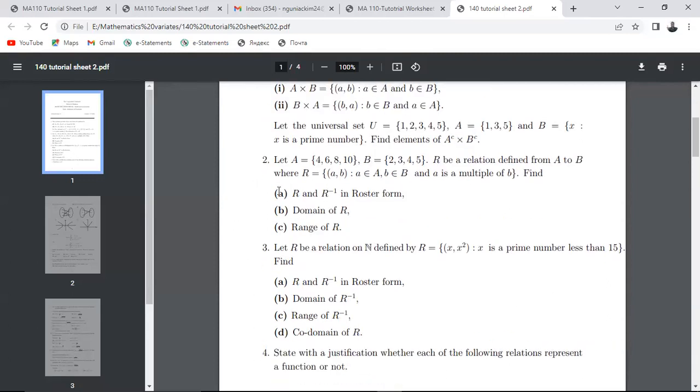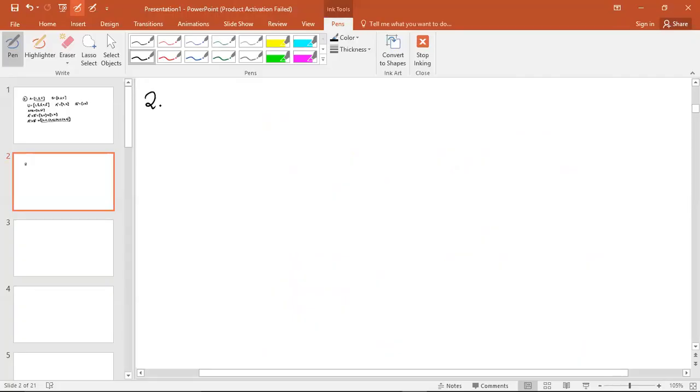is, let A be equal to 4, 6, 8, 10, B 2, 3, 4, 5. Okay, so let's have our sets down ready for us to answer the question. So we have A, they are saying it's a set 4, 6, 8, 10.